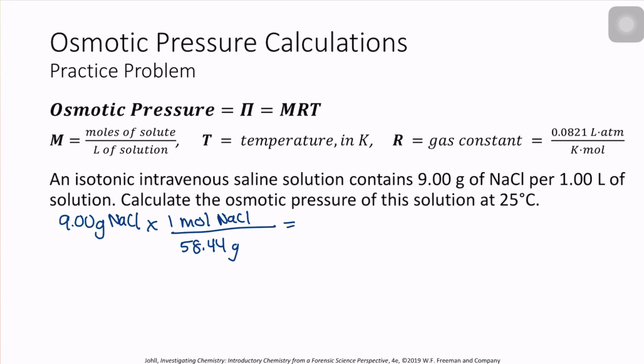And when I plug that into my calculator, I get 0.154 moles of sodium chloride. Now I can calculate the molarity. Since I have 1 liter of solution, I can just divide this by 1 liter. And that is going to give me a 0.154 molar solution.